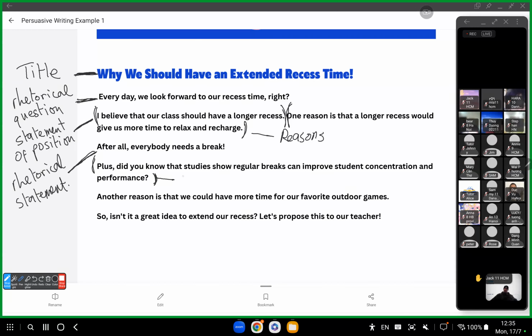Very well done. It is the evidence. So next up, this line here, I'll give you a hint. It actually combines two parts of the persuasive writing.